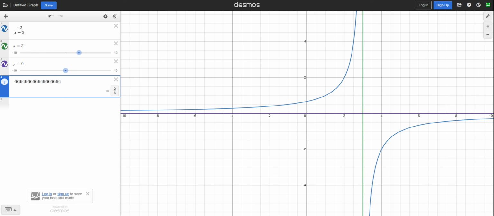So this y-intercept is 0, 2/3, and it does not have an x-intercept.